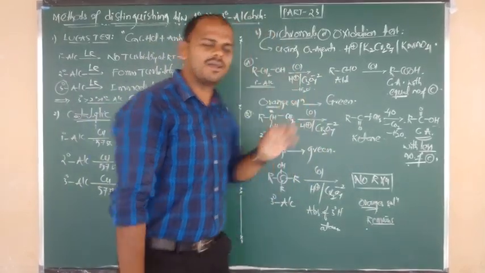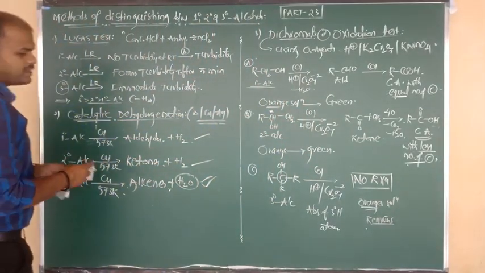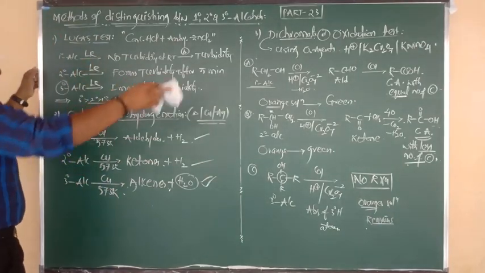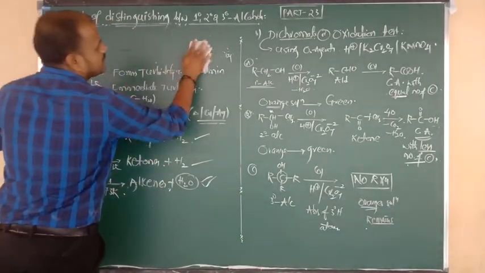Okay? Good. So, last and final, the distinguishing method. I told you this is the only important one. All these three methods were repeated in the previous class also, but the fourth one is important for objective exams.